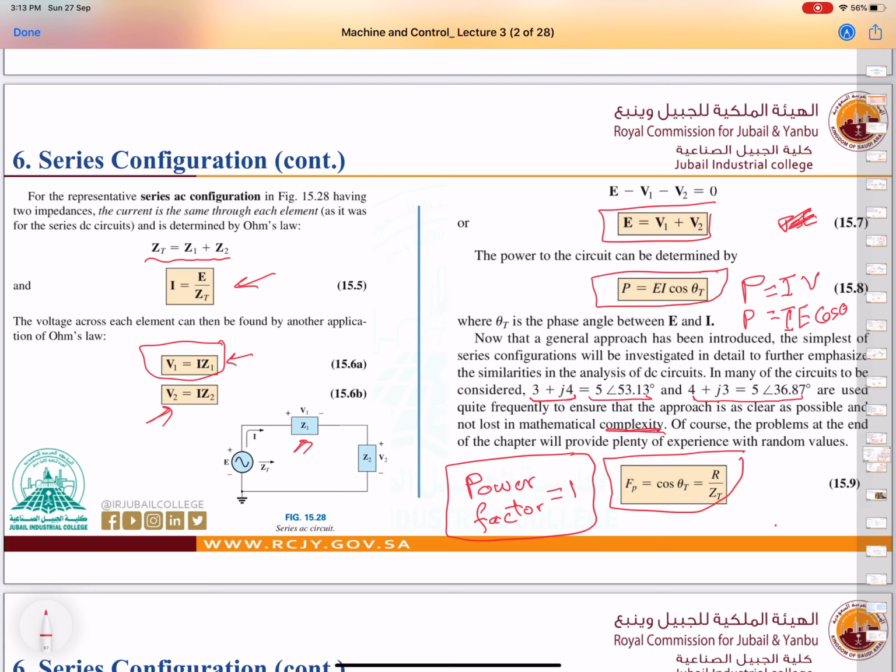We know that the power factor is from 0 to 1. Once we have power factor is 0, now the losses of the system is maximum. How to calculate it? The power factor, we know that it is cosine theta, which is R divided by Z total, of course with angles.